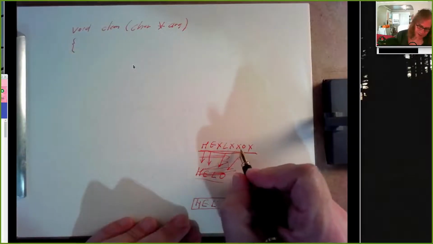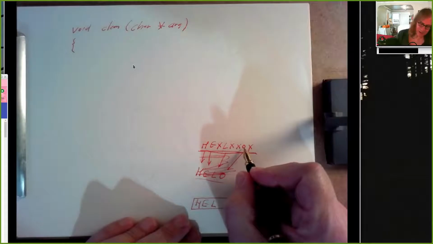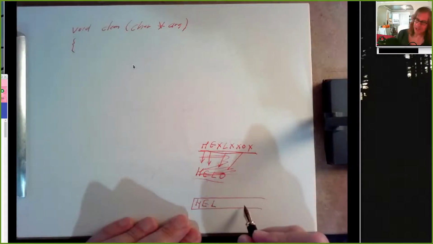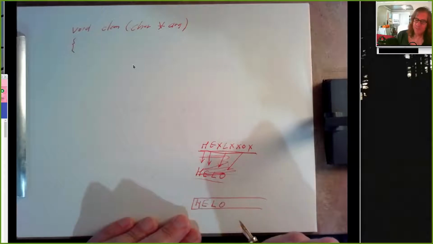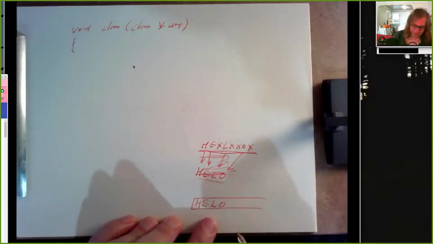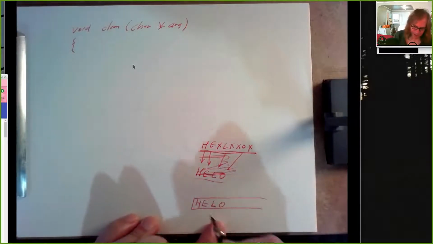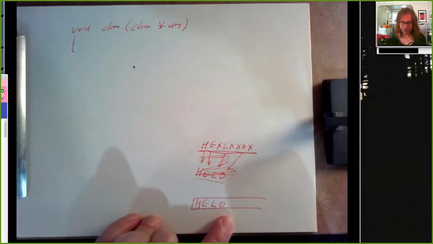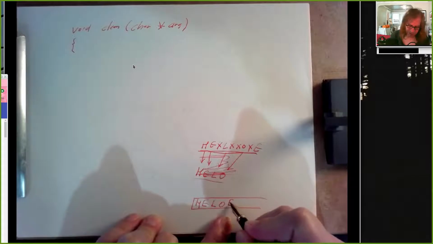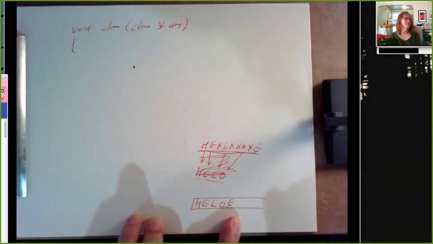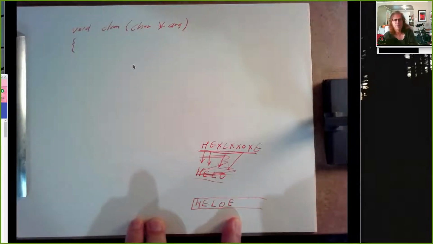And here's the fifth and sixth letter, I'm going to skip those. Here's the seventh letter, but I'm not going to write it in the seventh position, I'm going to write it in the fourth position. Well, how did I know that that went in the fourth position? Well, I kept my finger here, and I moved it over, and if I had another letter here, I would put it where my finger was, and I'd move my finger over. Okay? My finger is just a variable.